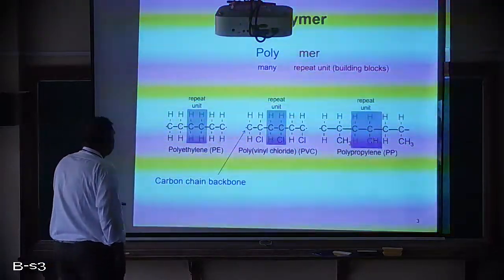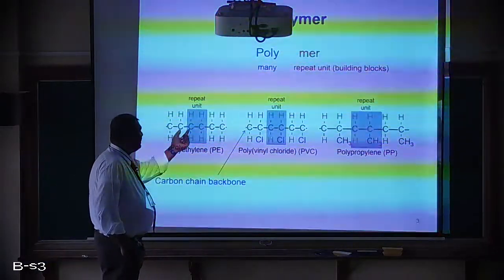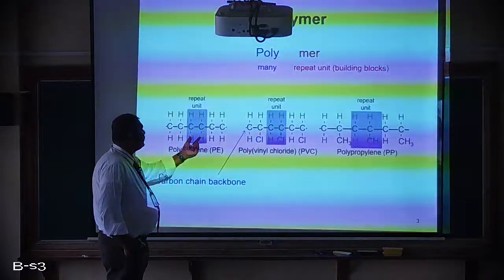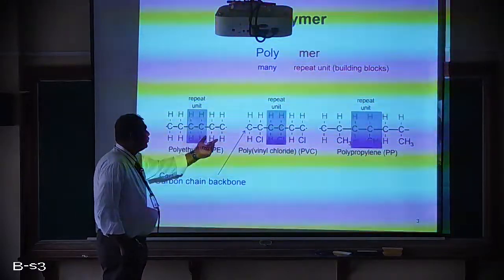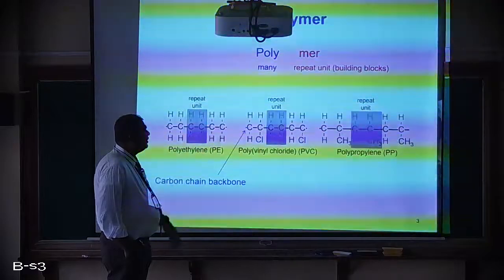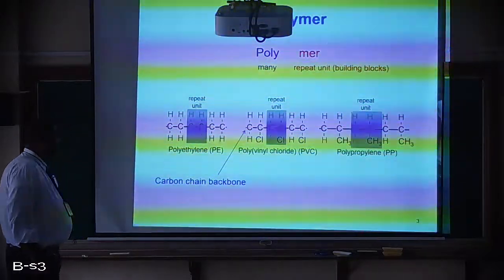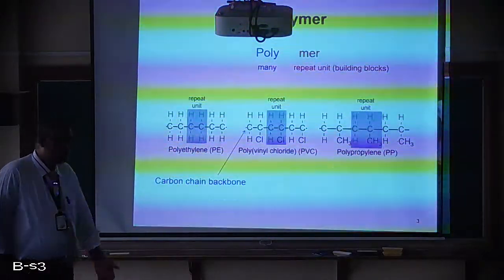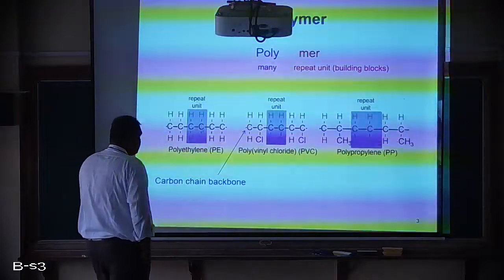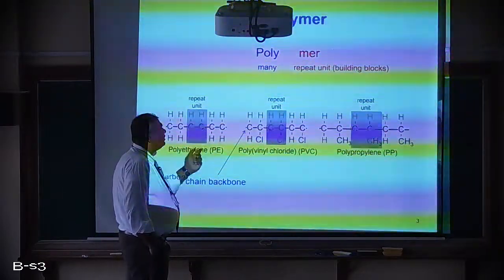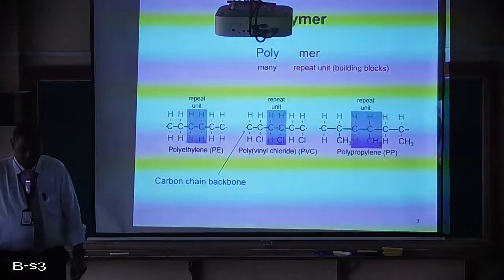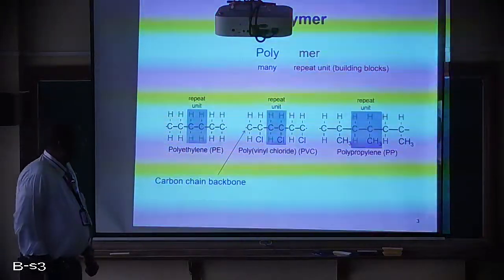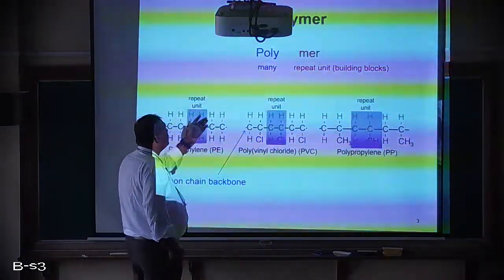You can see polyethylene, C2H4, is considered a single monomer. This monomer is repeated and then it becomes a chain. A chain of what? It's a carbon chain. These are the carbon, these are the hydrogen. The repetitive building blocks of ethylene make up the polymer.